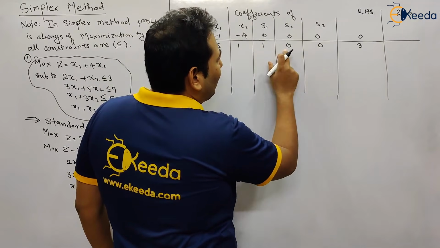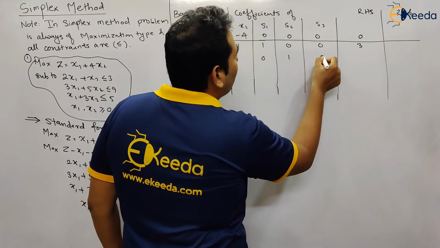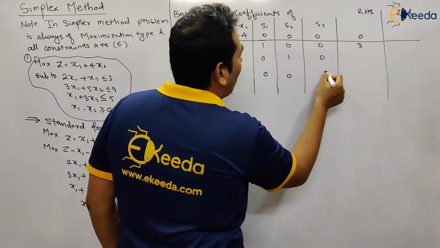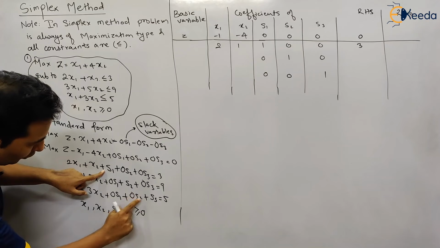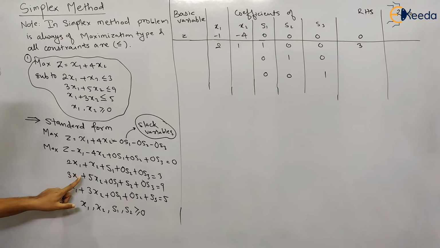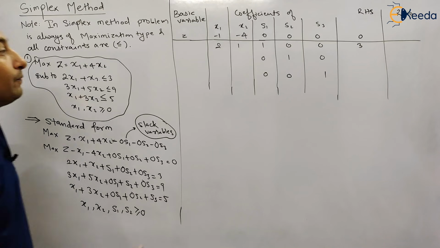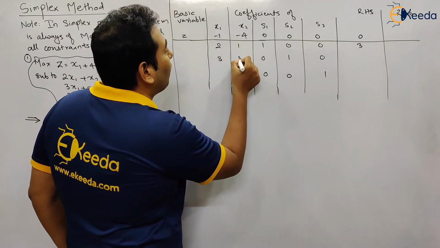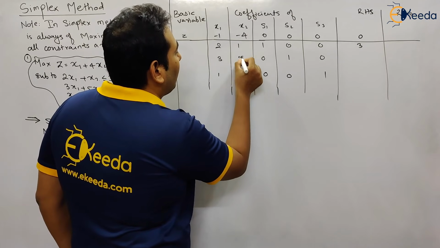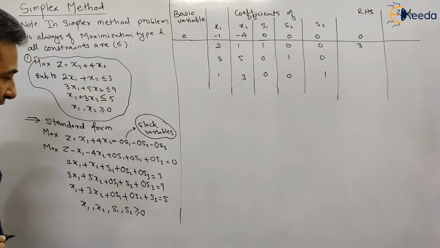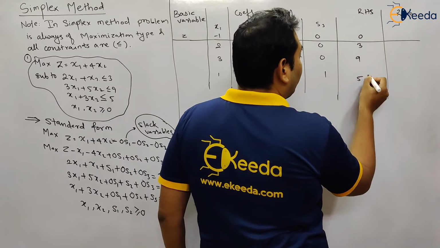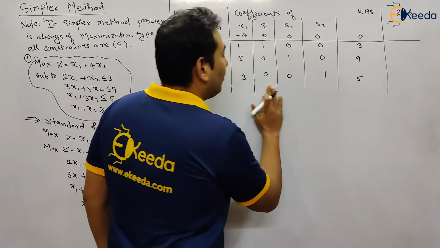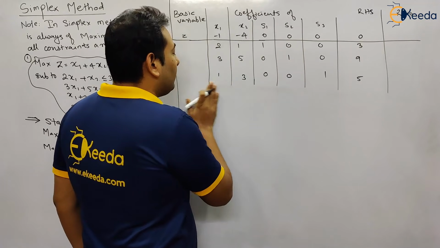For the slack variables it will be 1, 0, 0, then 0, 1, 0, and finally 0, 0, 1. That is for sure. Here it is 2, 1, 3, 5 and 1, 3. And what are the RHS? 3, 9 and 5. You should be very careful while calculating, because the calculations are a bit lengthy.